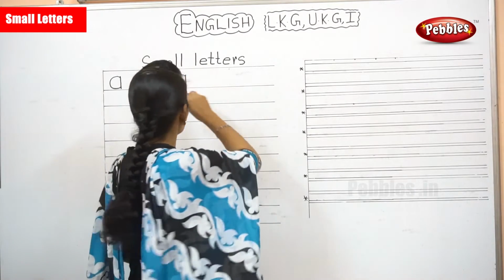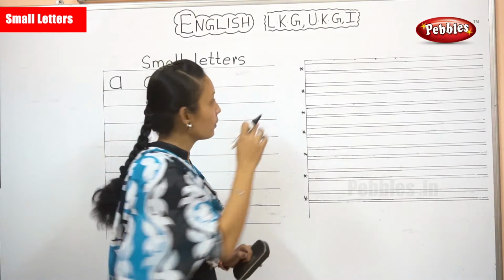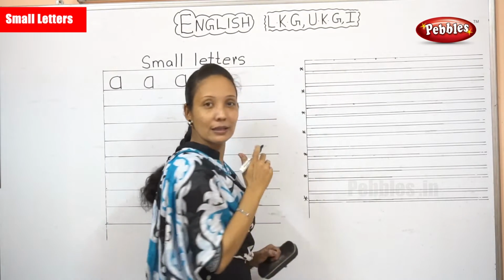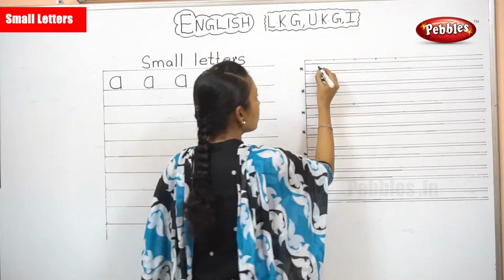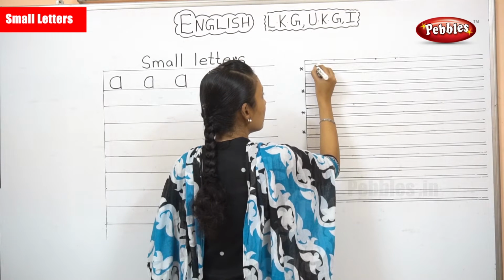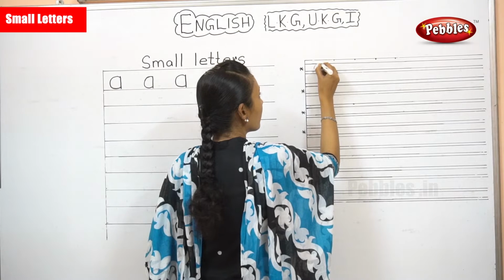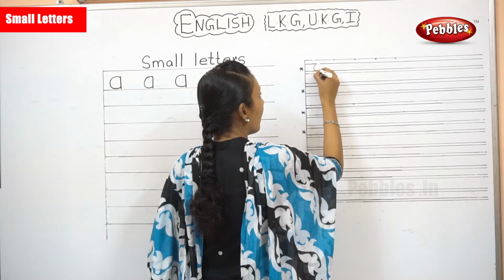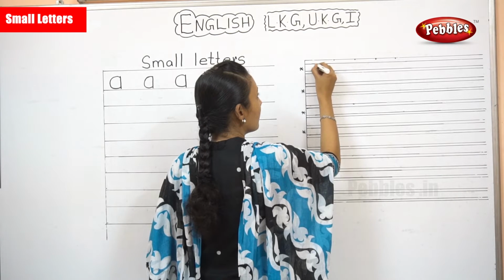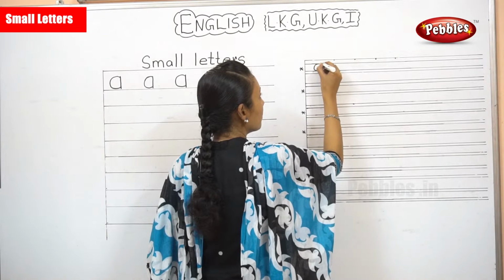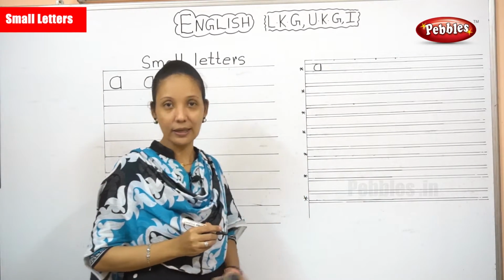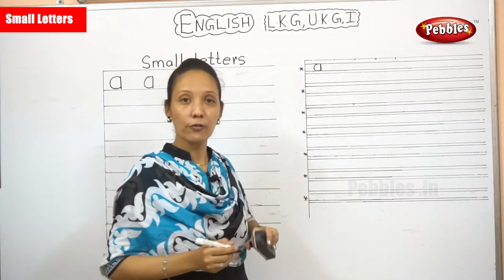Now to write your small a, you need to use your second and your third line. So into your second and third line, draw a curve and a standing line. This is small a. This is how you write it on your 4 line.